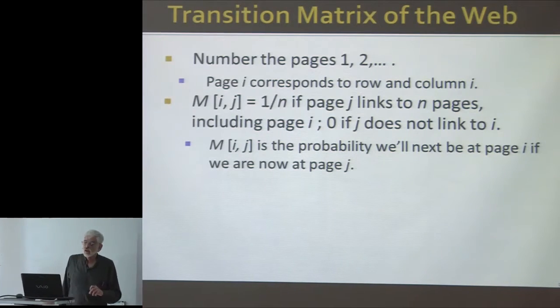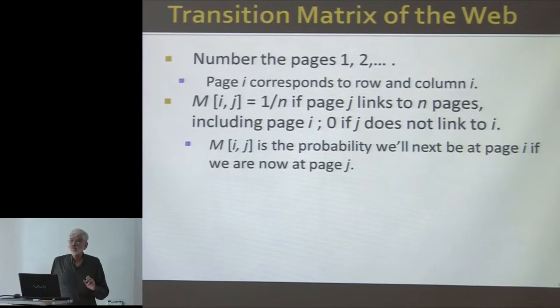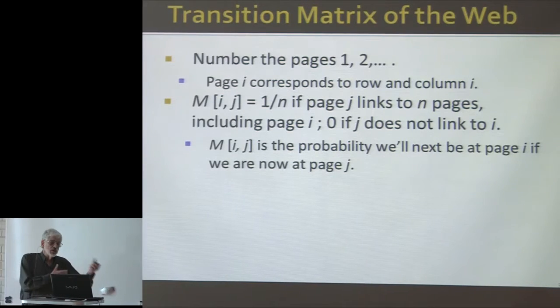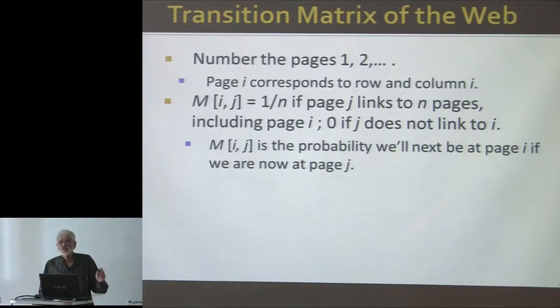Again, if j doesn't link to i, then m_ij is 0. If j does link to i, then the value is a fraction: 1 over the total number of pages that j links to. You can think of it again in terms of the random surfer. If they're at page j, then the probability is 1/n that they will be at any of the pages that page j links to, and it's 0 for the other pages.